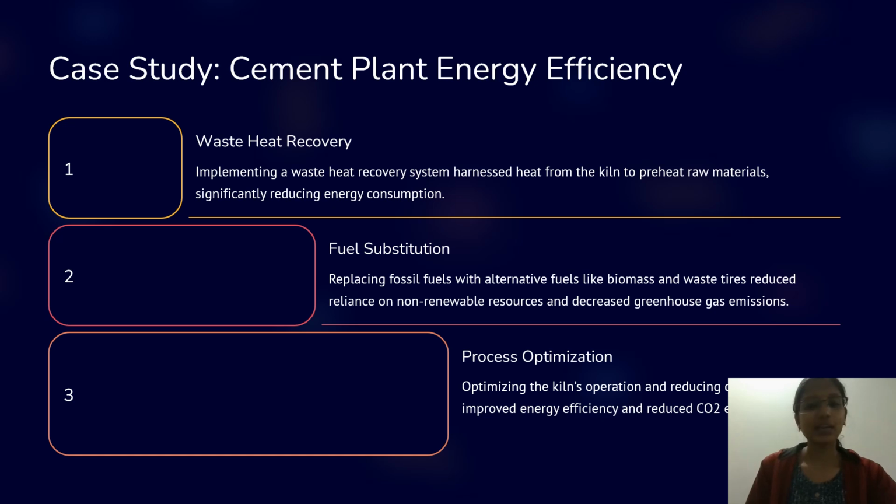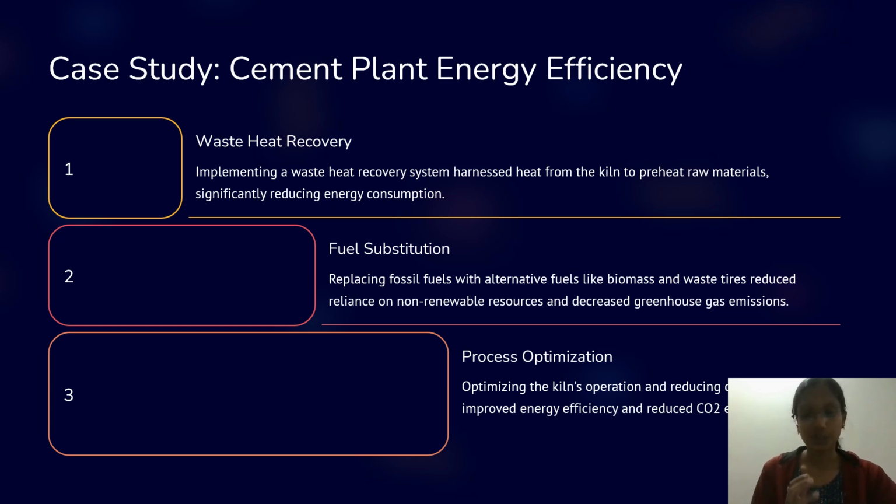Then we have a case study on a cement plant and energy efficiency. We have waste heat recovery, fuel substitution, and process optimization. Waste heat recovery. Implementing a waste heat recovery system harnessed heat from the kiln to preheat raw materials, significantly reducing energy consumption.